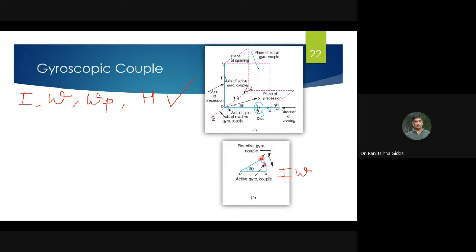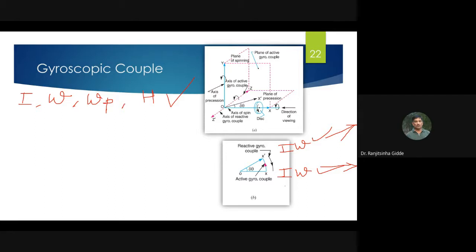This is OX prime, and by considering the angular velocity as constant, this is angular momentum initially, and this is after delta t time. But initially the angular momentum direction is this, and after delta t, this is the direction. So there is change in direction of angular momentum.